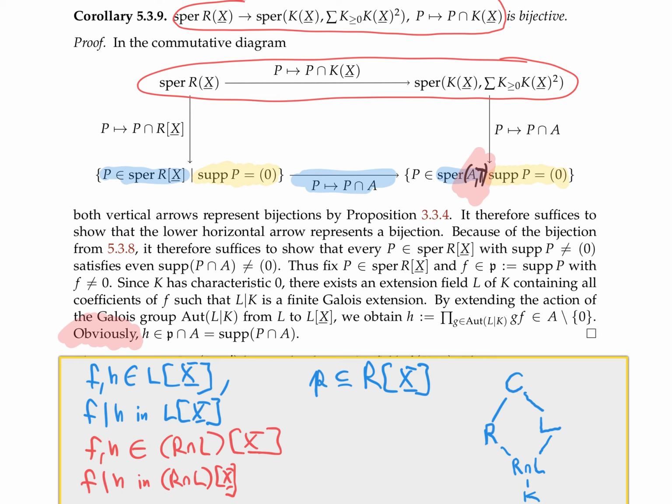Namely, you can express this divisibility as the solution of an affine linear system of equations. That F divides H means that there exists a G over L such that F times G equals H, right?